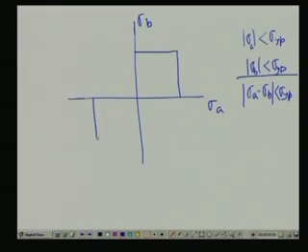Anyway, this is your sigma yield point. This region is bounded by all the sigma yield points like this.